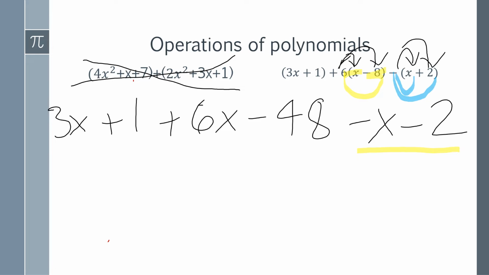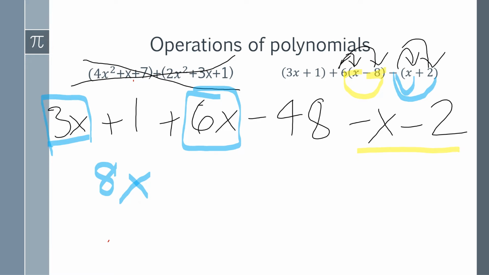So let's combine our terms. 3x plus 6x, that's 9x. Minus x, which is minus 1, is 8x. So again, I'm getting all my like terms, and you want to get the coefficients, so 3 plus 6, which is 9, but minus 1 gives me 8.